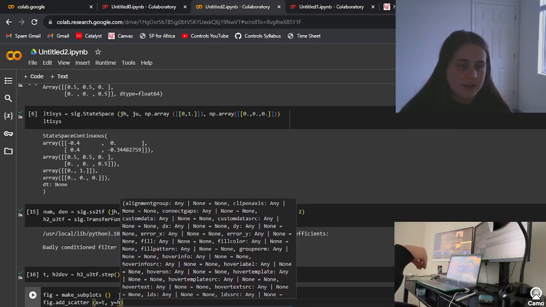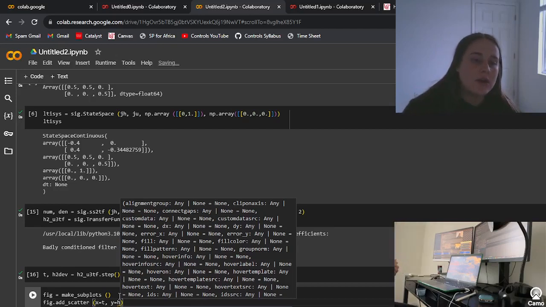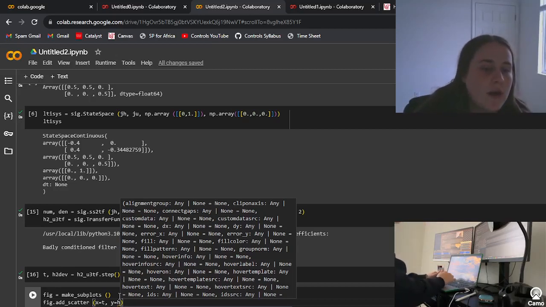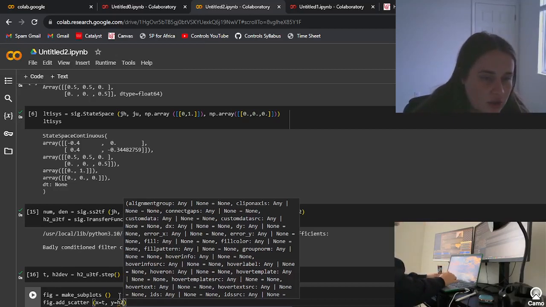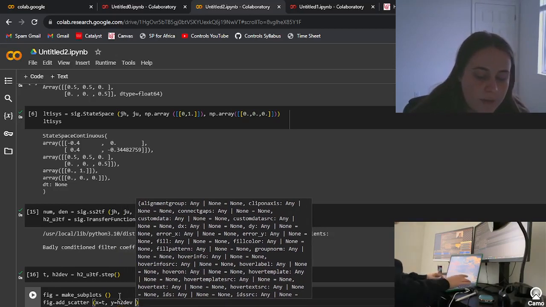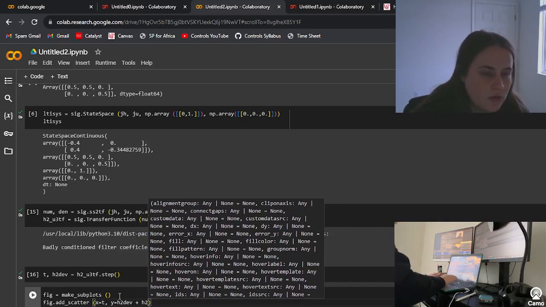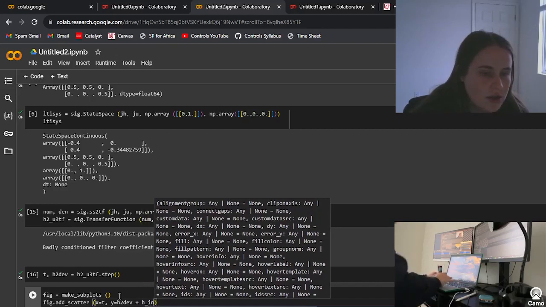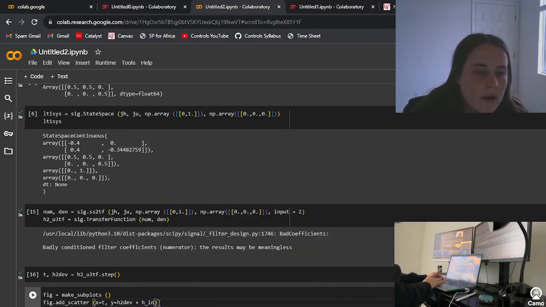So this goes back to our Jacobian matrix that we did, where our equation for that was h2 plus h initial. So not only will this be y equals h2 deviation variable, it'll actually be h2 deviation variable plus h2 initial.